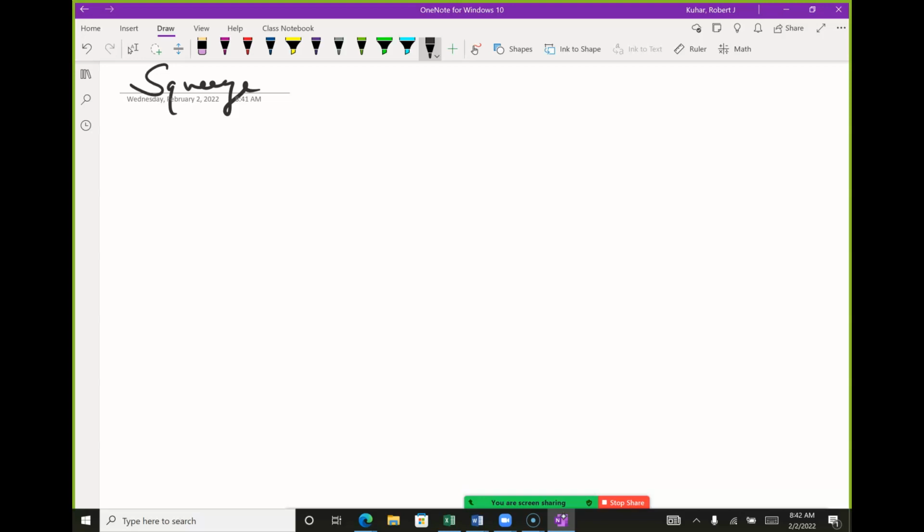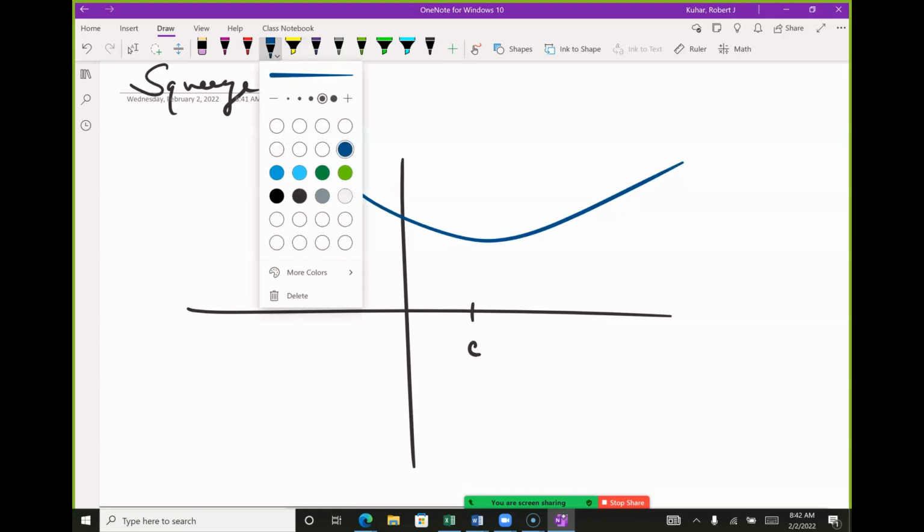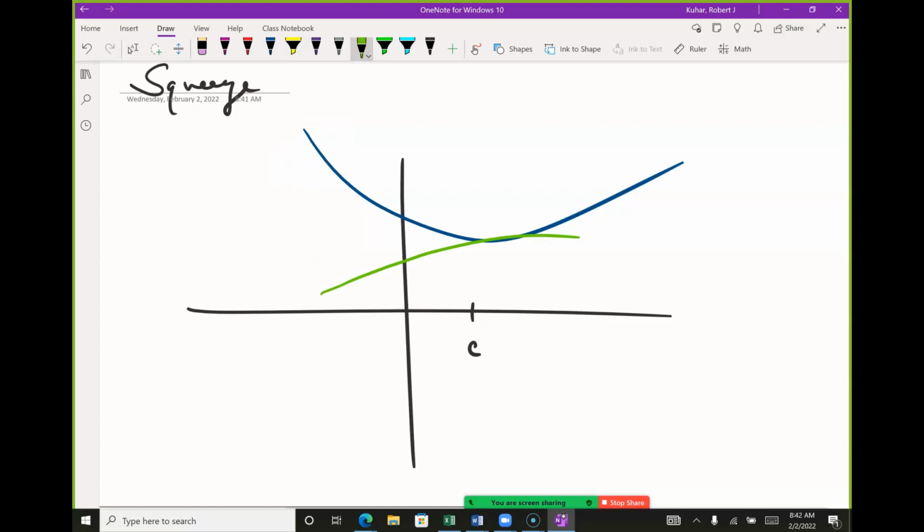So, squeeze theorem. It says that as x goes to c, if I have a couple of functions, let's say f and h, so I've got a function f of x, a function h of x, and then some other function g of x. You can see what's happening.